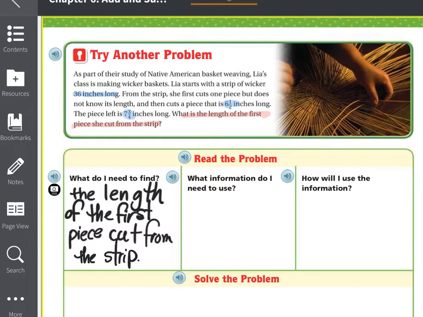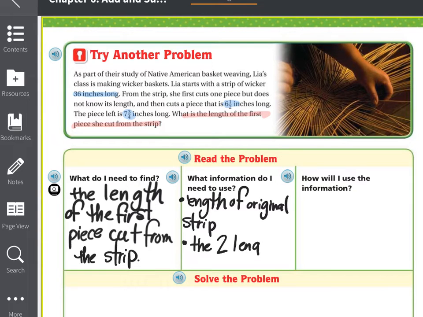The length of the original strip, and the two lengths that are cut. How will I use the information? We're going to work backwards.